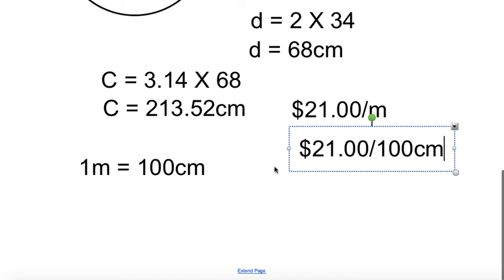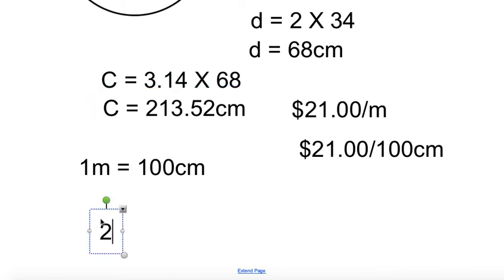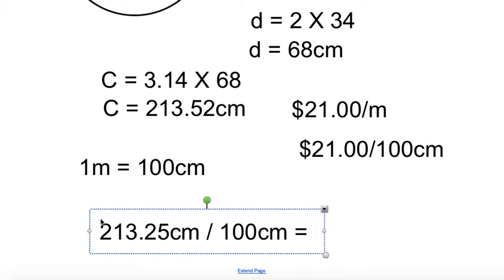The other thing you can do is, if you know centimeters, you can just change this to meters. For every 100 centimeters, there's 1 meter. In other words, if I take 213 centimeters and I divide it by 100, there's 100 centimeters in a meter, that'll give me my meters.